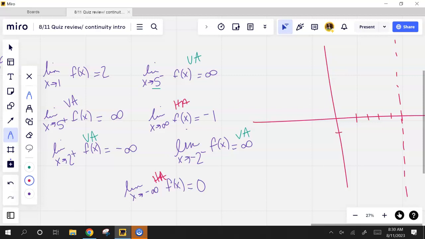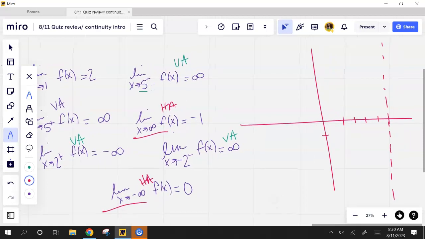Negative 1 is a horizontal, but it's not bounding the whole graph because look, there's 2 there, right? It's only bounding a part of the graph. So as I go to positive infinity, I've got a horizontal asymptote at negative 1. And as I go to negative infinity, I've got a horizontal asymptote. I need to do these at 0.